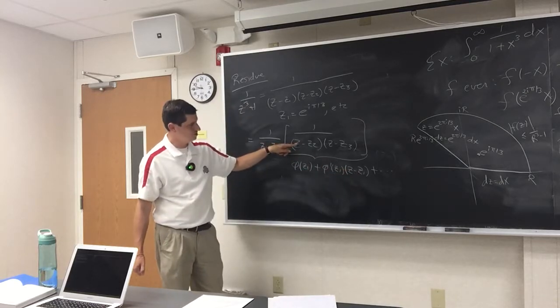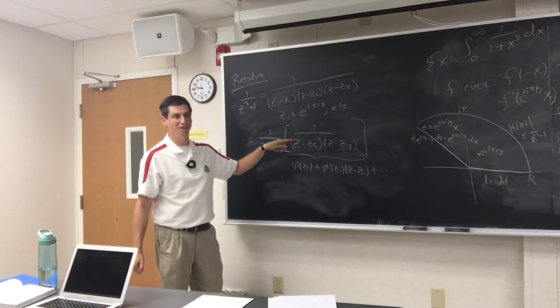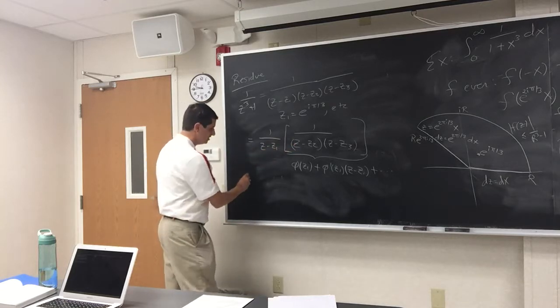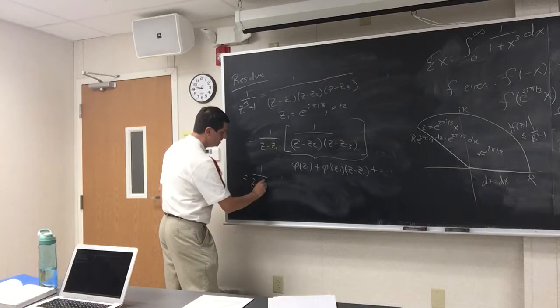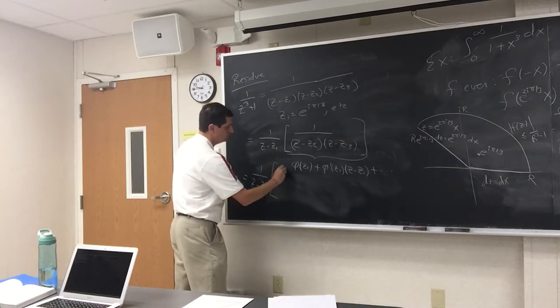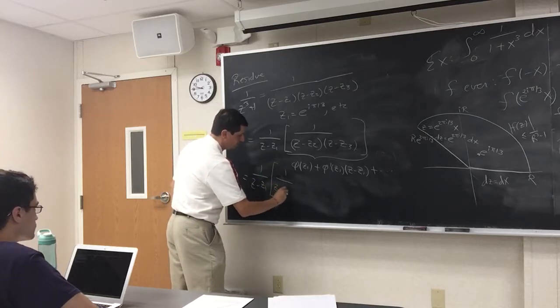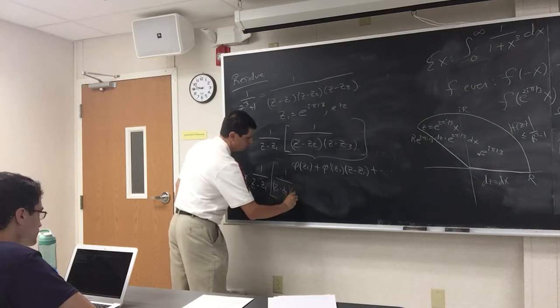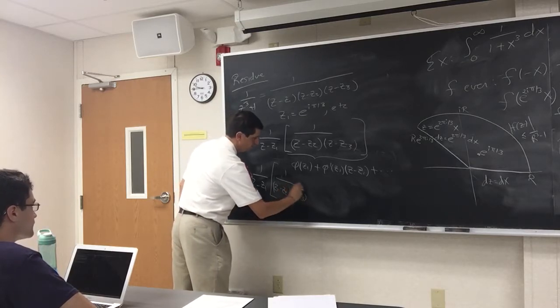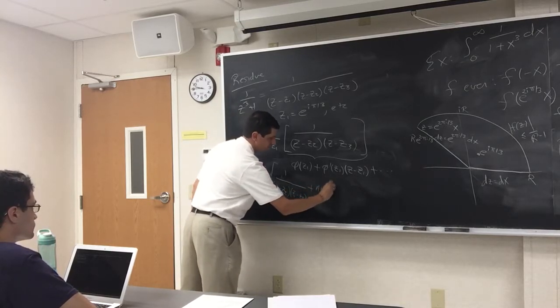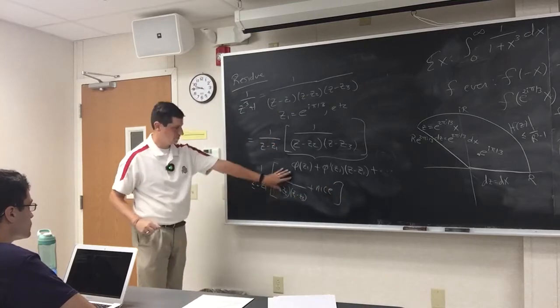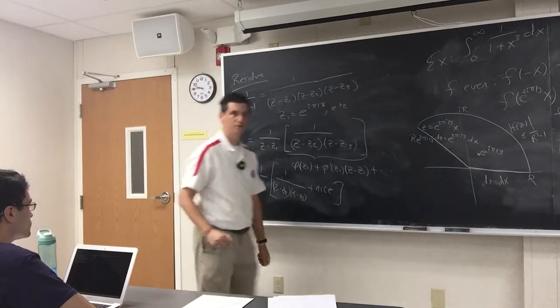How do I find the constant term? Just plug in z1. So this is equal to 1 over z minus z1. Then the constant term is 1 over z1 minus z2, z1 minus z3, plus something that's nice. That's the residue. All right, so the residue isn't that bad.